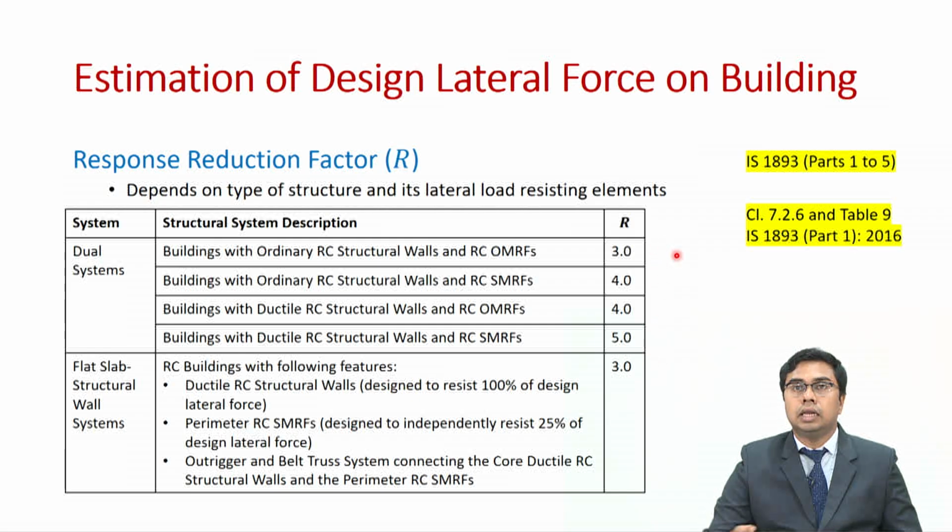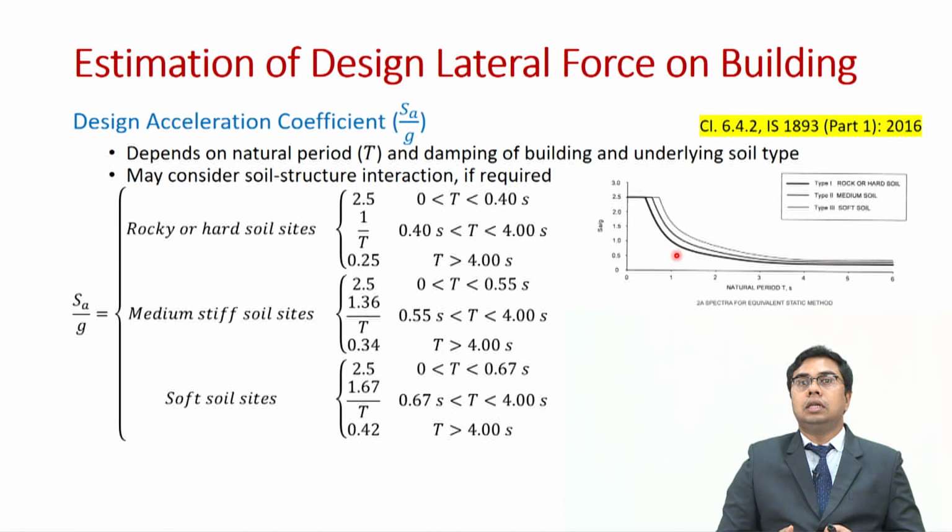Once you have the understanding of response reduction factor, now let us look into the design acceleration coefficient, which is SA by G. Now, SA by G or the design acceleration coefficient depends on natural period of the building, damping in the building and underlying soil type.